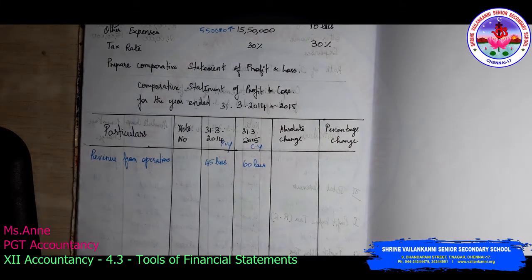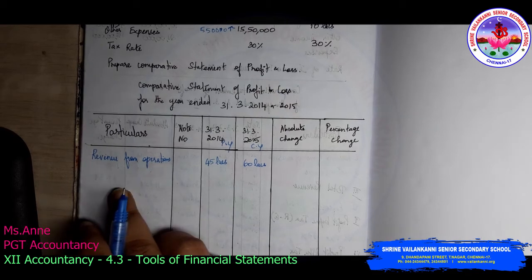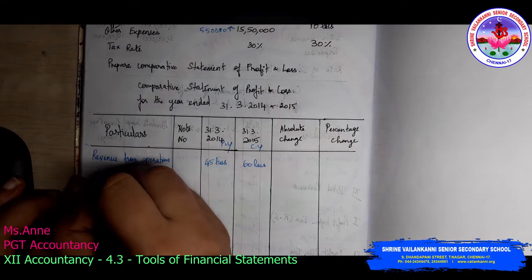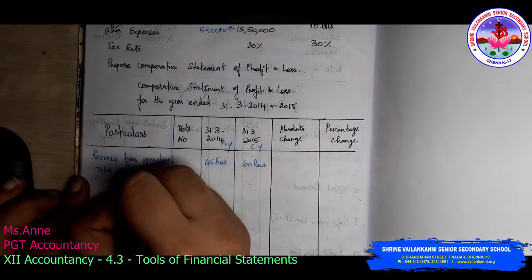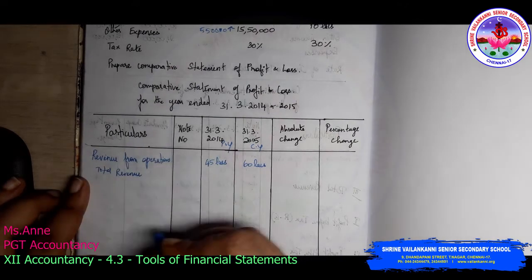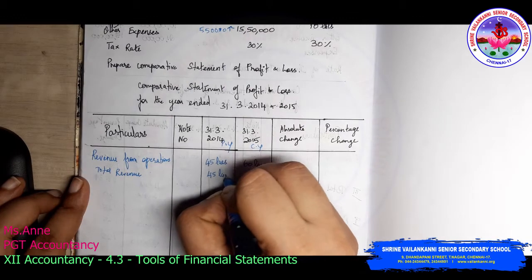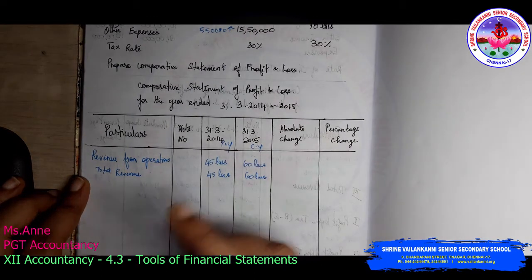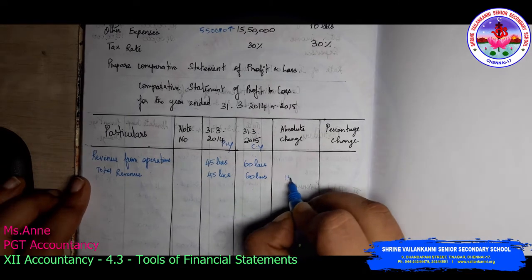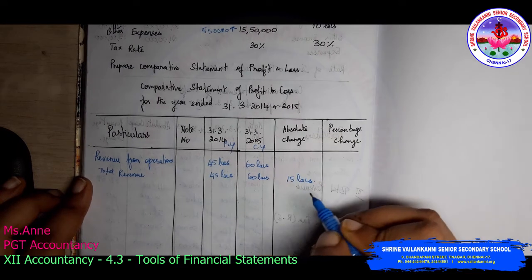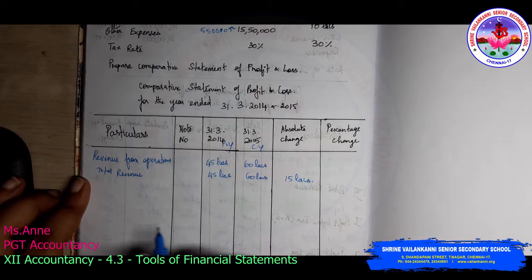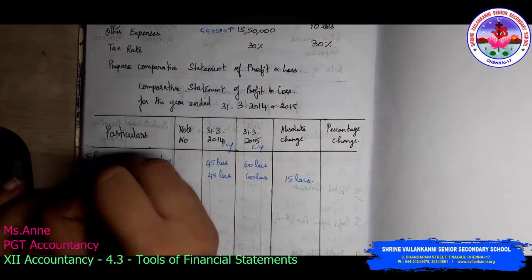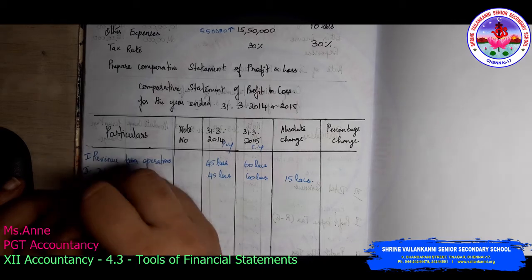Now I do not have other income, so straight away I am going to have total revenue, which is nothing but 45 lakhs and 60 lakhs. The absolute change is going to be 15 lakhs.